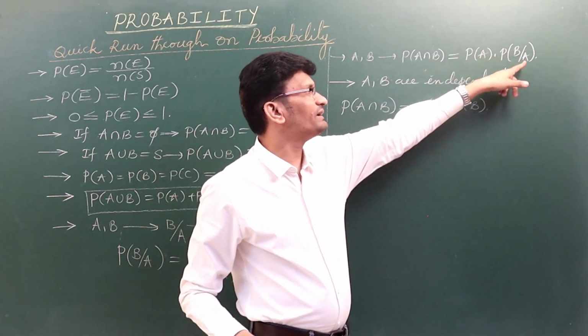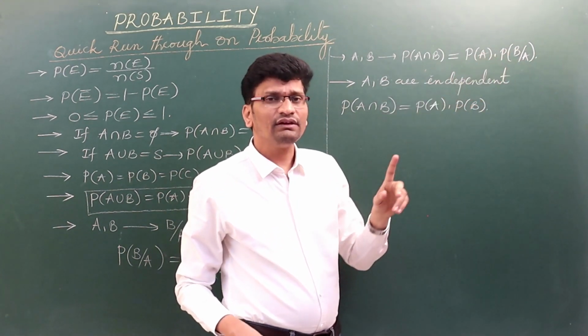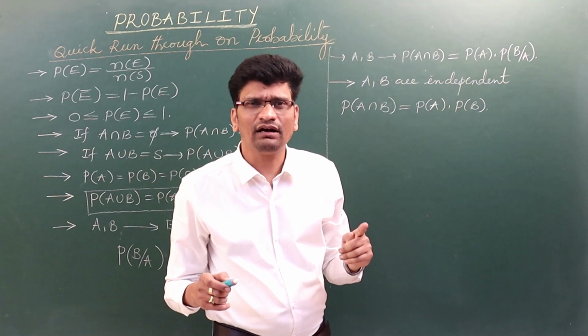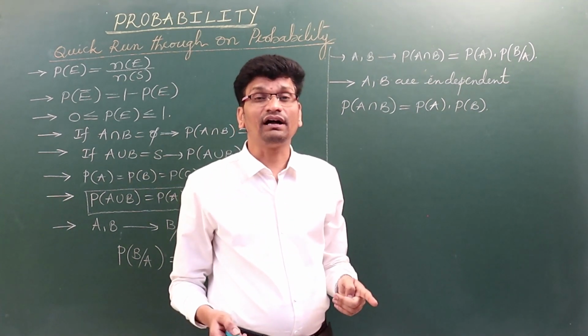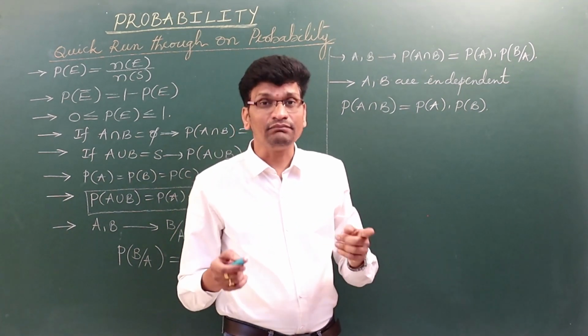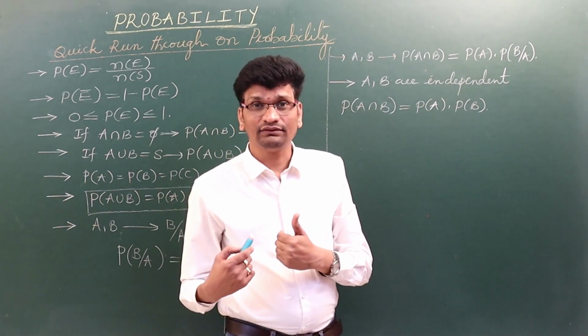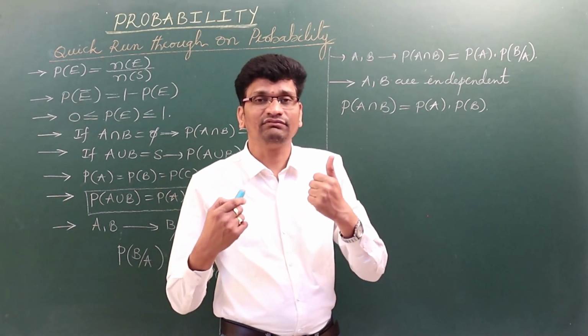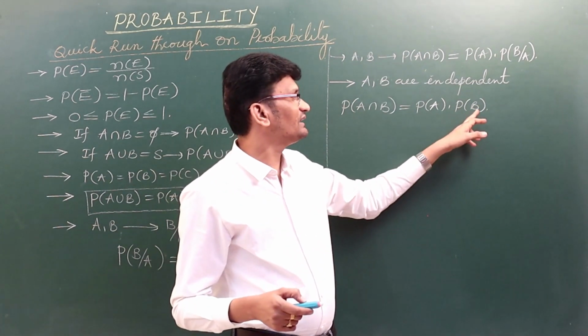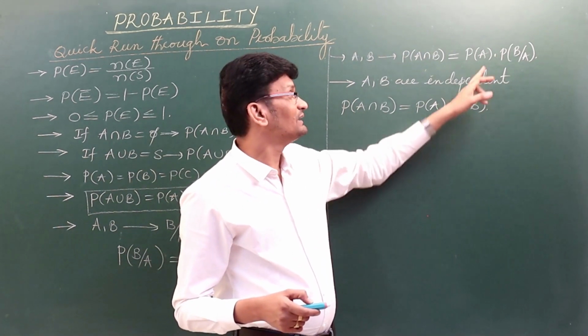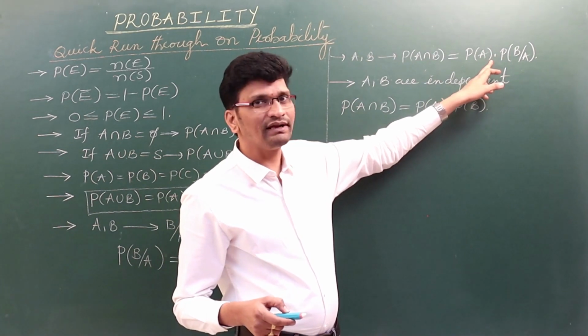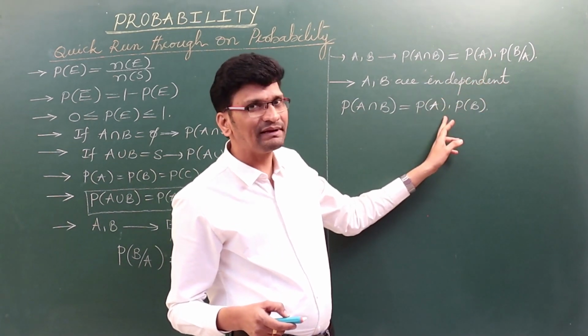Then you represent B by B given A. Now, if B is not depending on A, then B asks why you are representing me as B given A. I am independent of A. So, I will take my name with B only. Then in that case you will write B. That is the reason. This is the product of two dependent events. This is the product of two independent events.